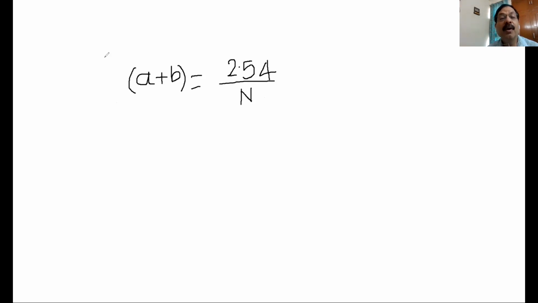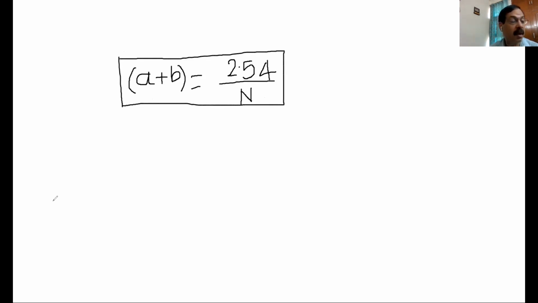So using this formula, you can calculate the value of the grating element.